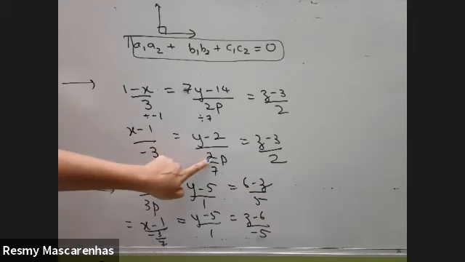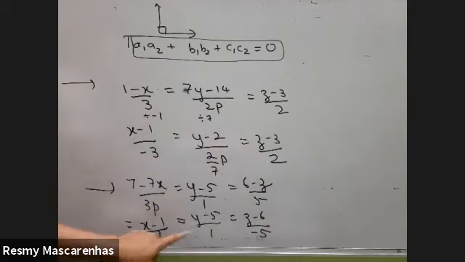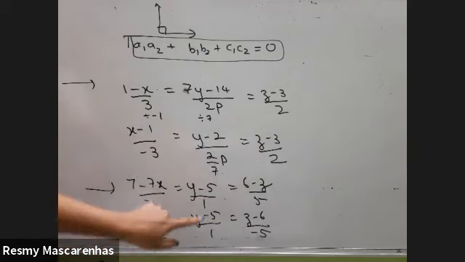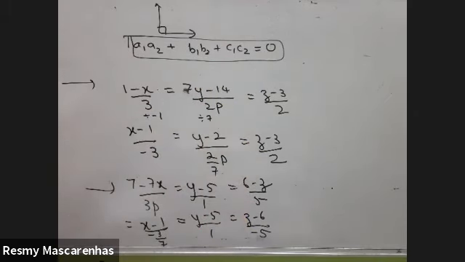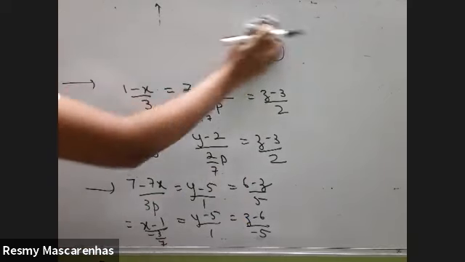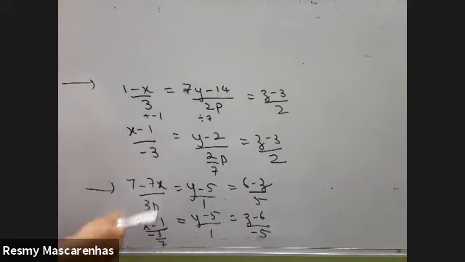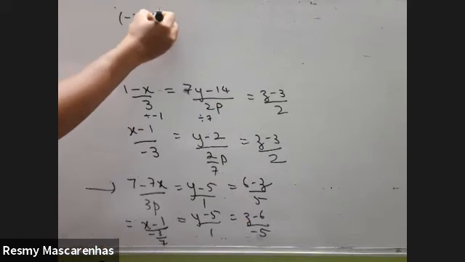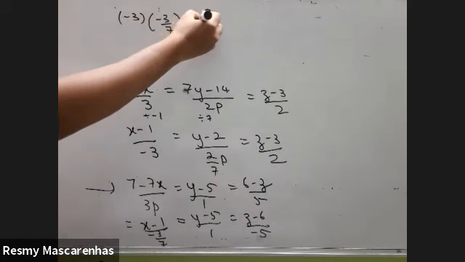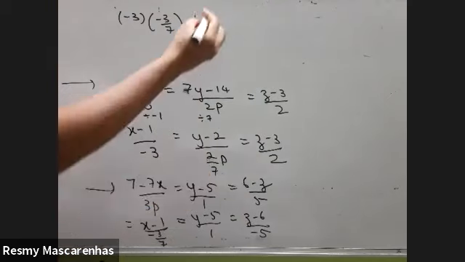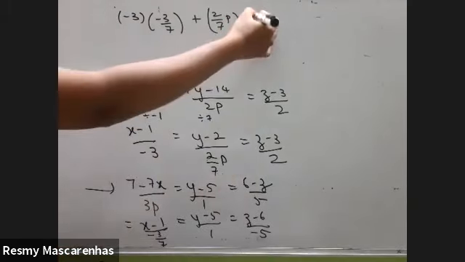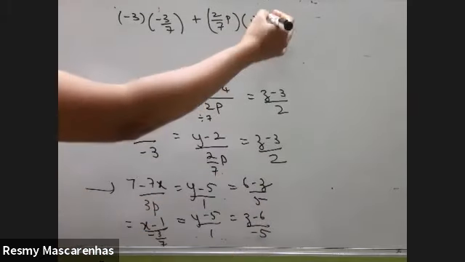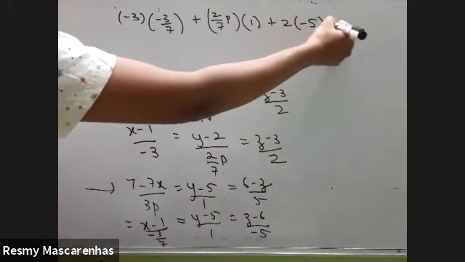So A1, B1, C1, A2, B2, C2. So this into this, second into second, plus third into third is equal to 0. Then you'll get the value of P. So first into first, minus 3 into minus 3 by 7, plus 2 upon 7P into 1, plus 2 into minus 5 is equal to 0.